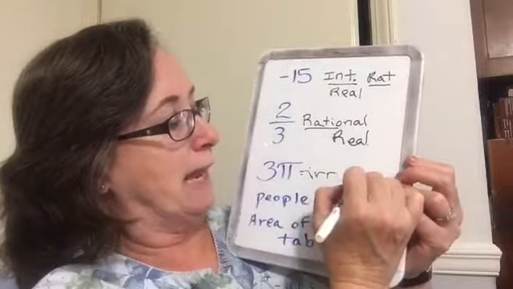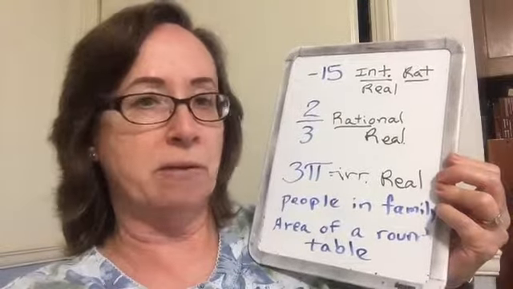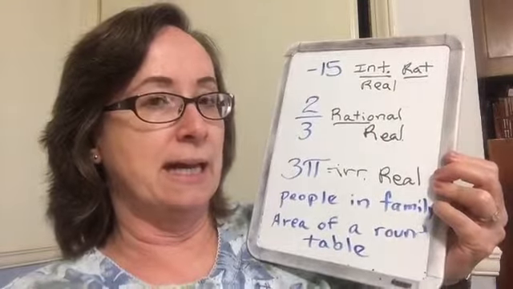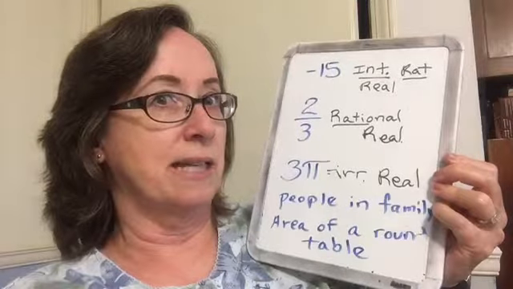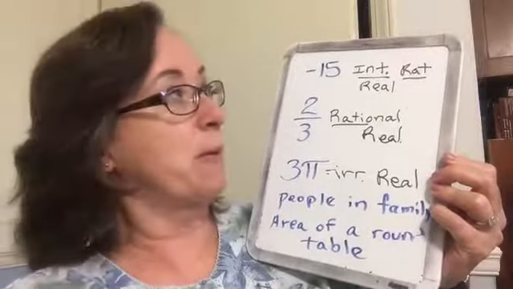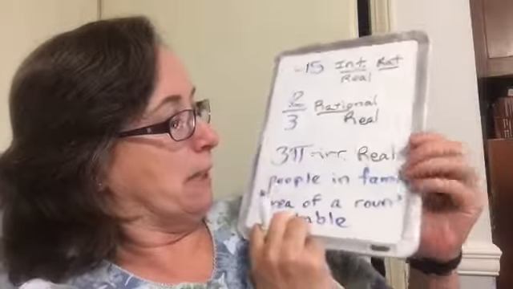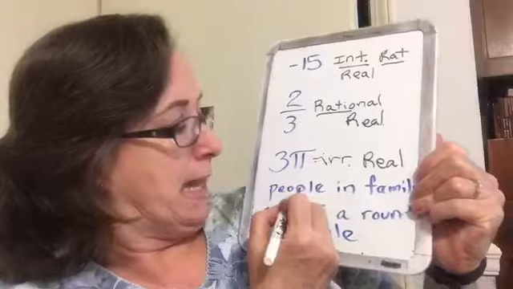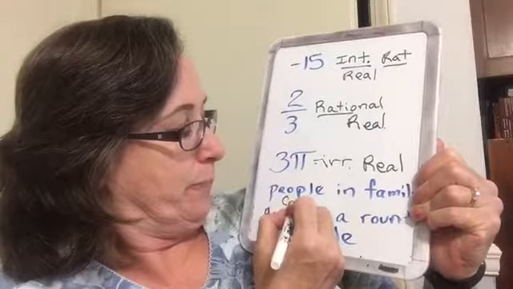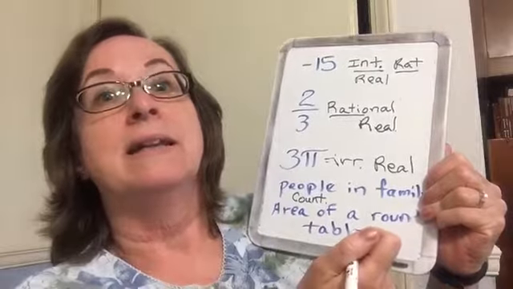What about the number of people in your family? Is that an integer? Well, yes it is, because remember, the integers include all of the whole numbers and the natural numbers. Well, this would be a counting number, and the other name for counting is natural.